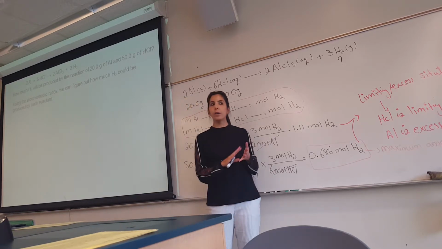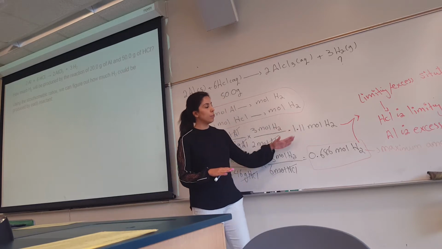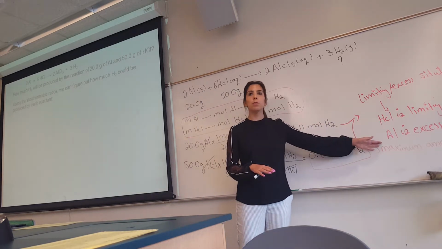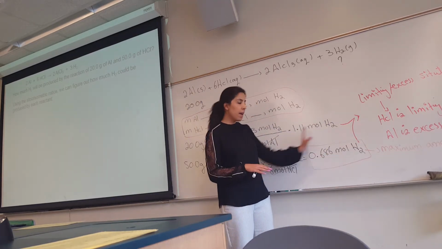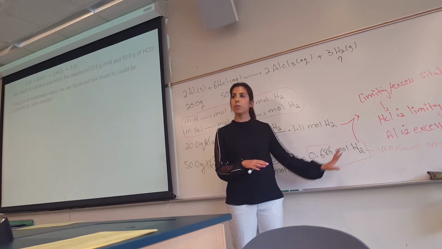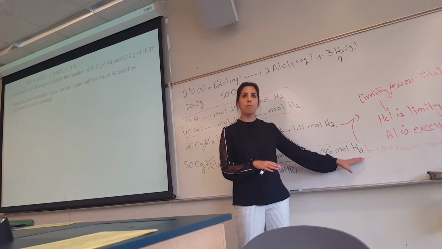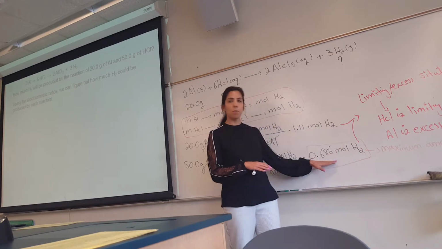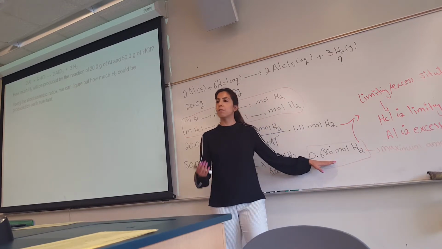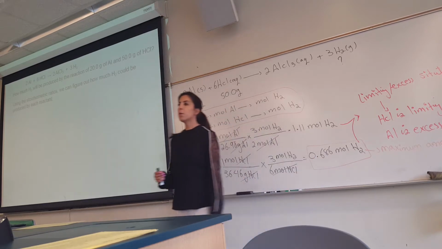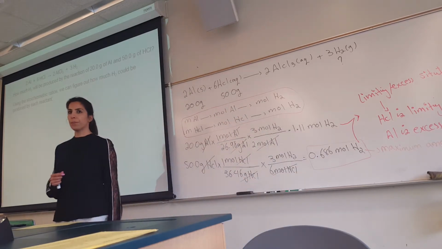So you do your calculations. Once you do your calculation, you define which one is limiting, which one is excess, and then you tell me that based on your limiting reactant, the maximum amount of hydrogen gas, or the yield of hydrogen gas, is going to be 0.686 moles.